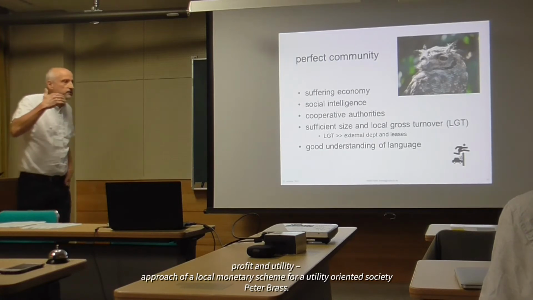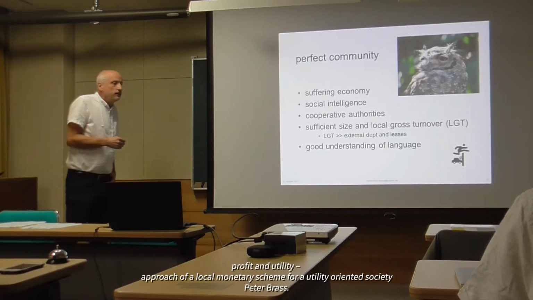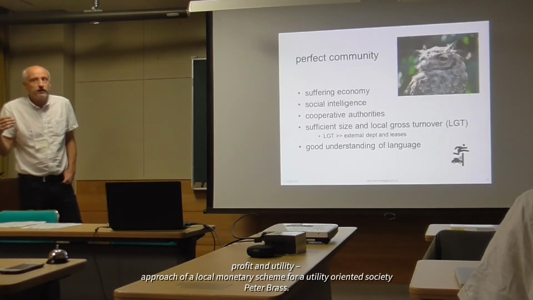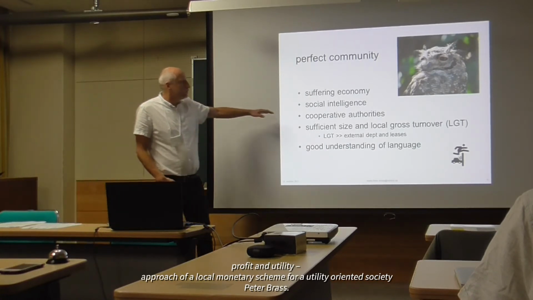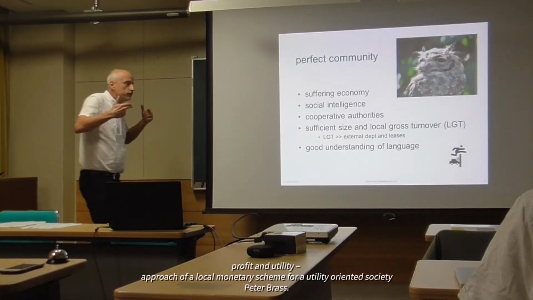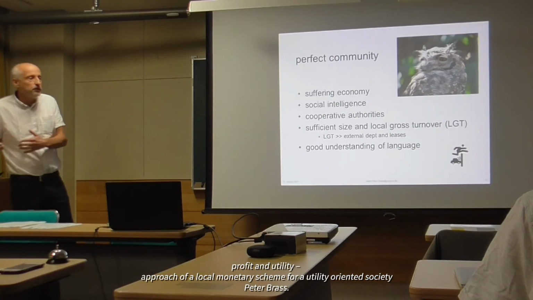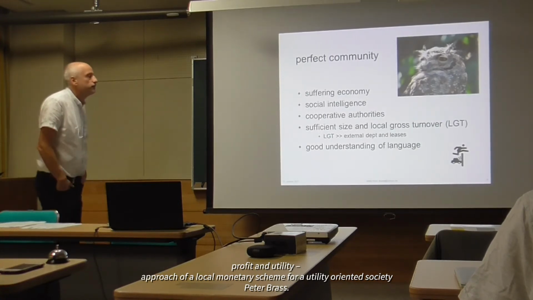So it means they must have the capability to understand the system. And they should not kill each other for values like mobile phones. Yeah? So, very important too, as we heard yesterday, the authorities should want to solve the problems of the economy. So, they should be cooperative.